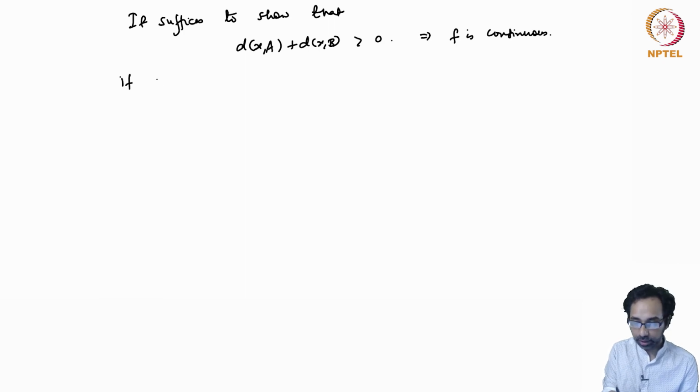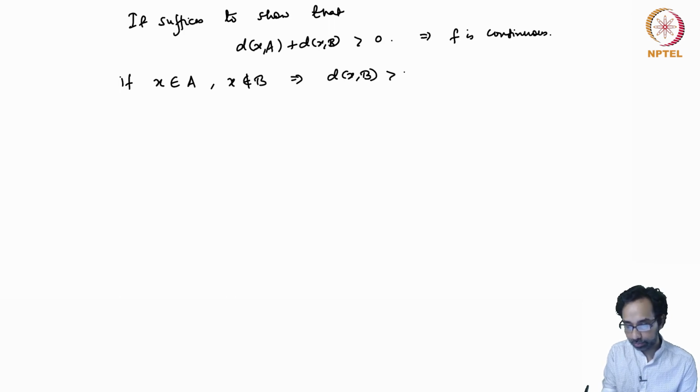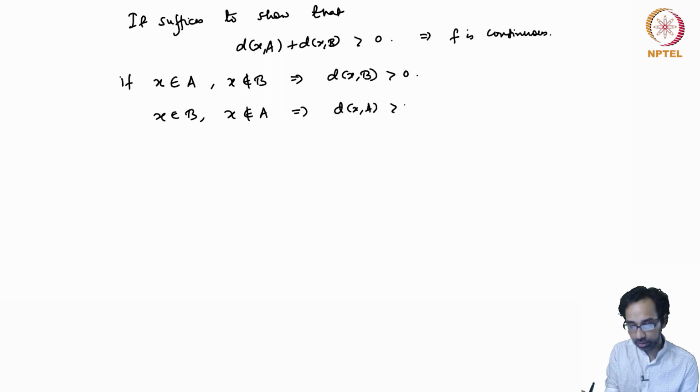If x belongs to A, x does not belong to B, then this means that d(x,B) is strictly positive. If x belongs to B, x does not belong to A, this means that d(x,A) is strictly positive. And if x belongs to neither A nor B, this means that both d(x,A) and d(x,B) are strictly positive.